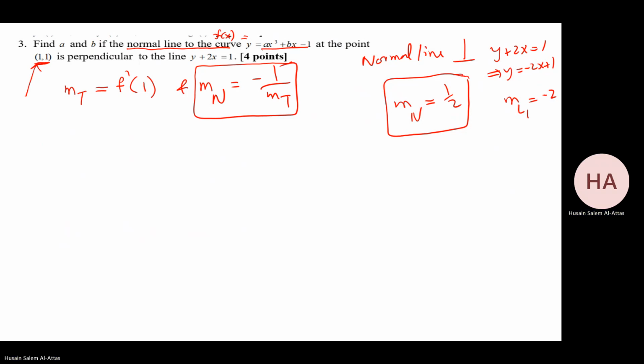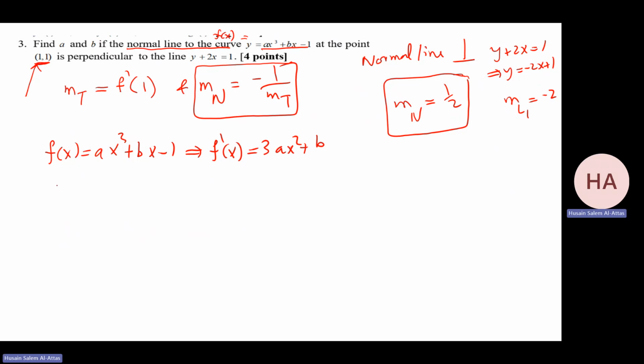So I have f of x is ax cubed plus bx minus 1. That implies f prime of x is 3ax squared plus b. So now what I have, m tangent is f prime at 1, and that gives me what? 3a plus b.